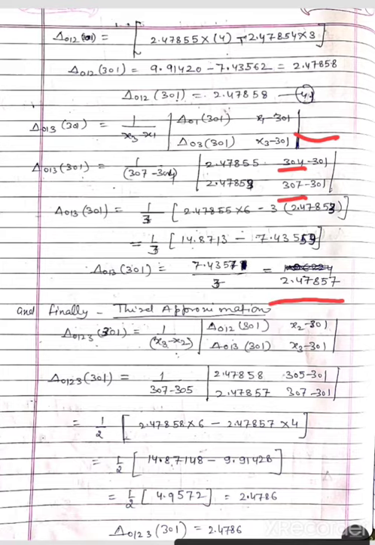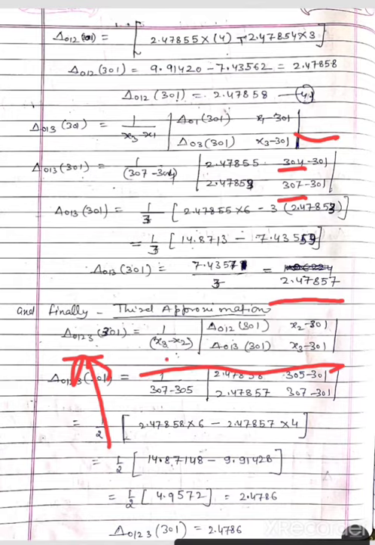2.47857, and finally we come to the third approximation, which considers all the given 4 points 0, 1, 2 and 3, and this third approximation is represented by delta 0123, and given by this formula.